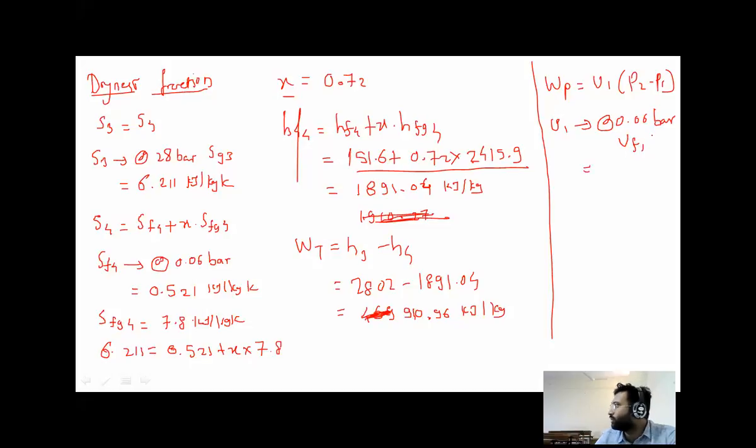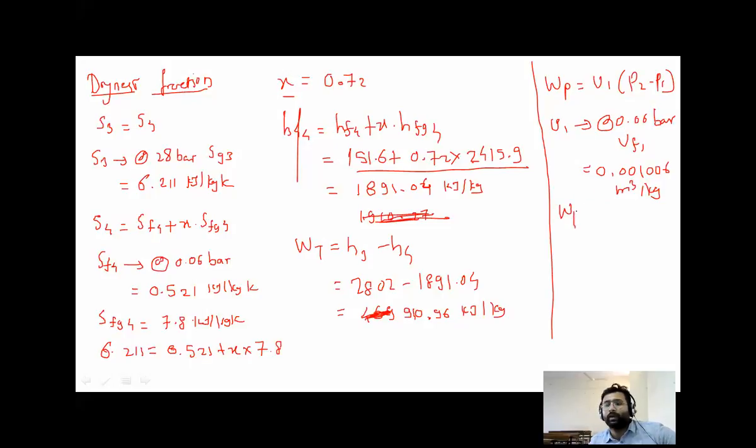So go to the 0.06 bar pressure and search for the VF value. 0.001006. Others, check, is it correct? What is the unit? Meter cube per kg.